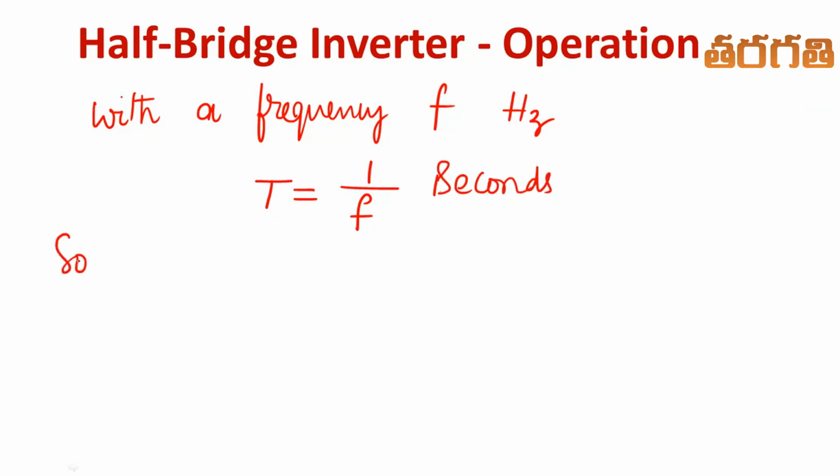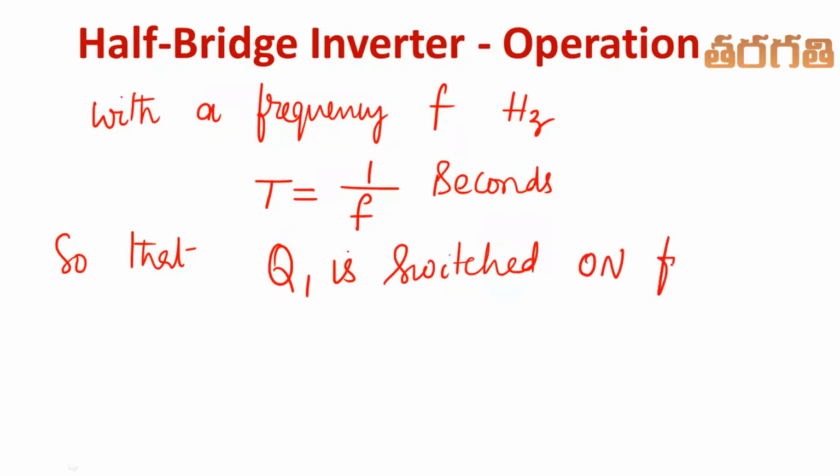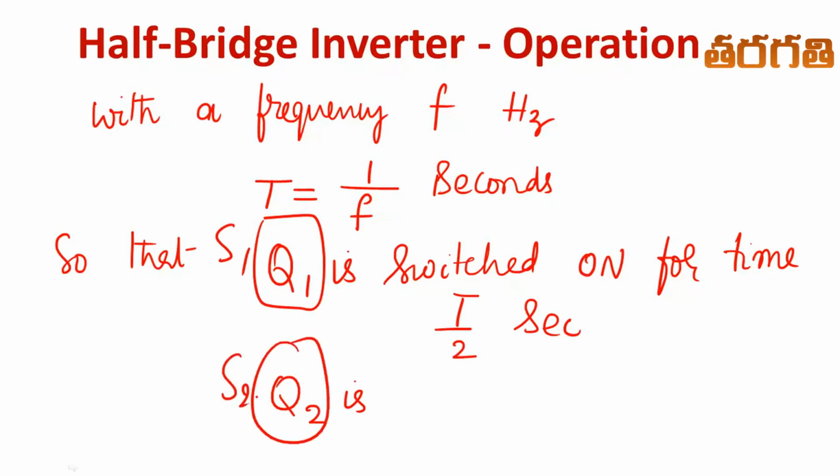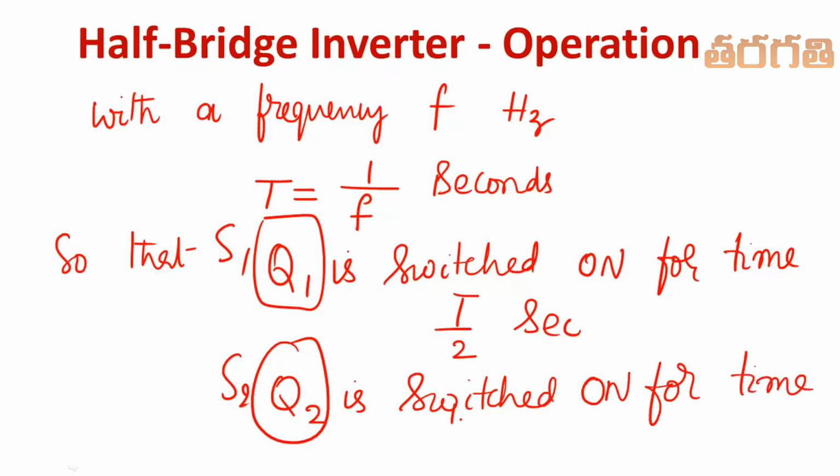So Q1 is switched on for time T by 2 seconds, and Q2, or S2, is switched on for time T by 2 seconds.